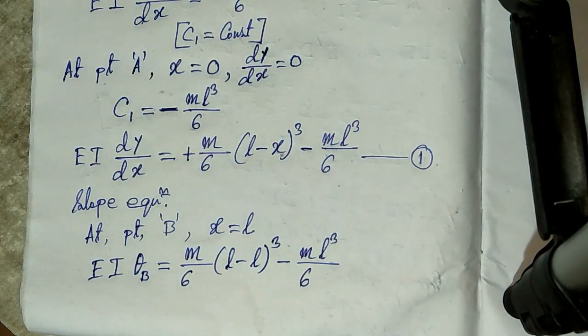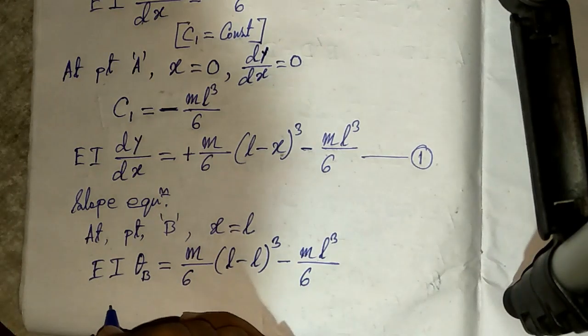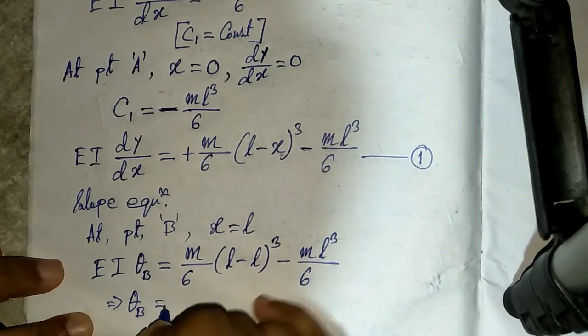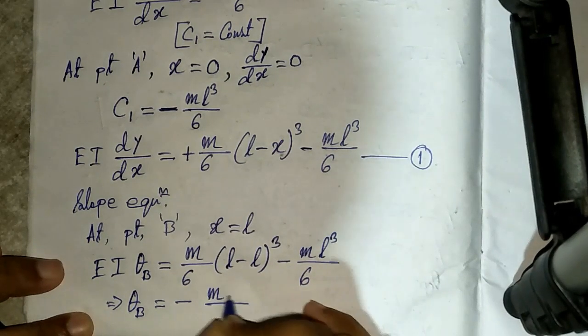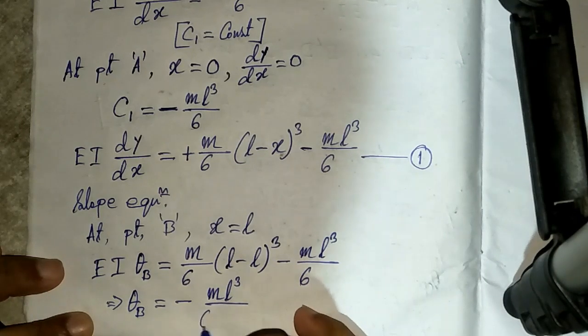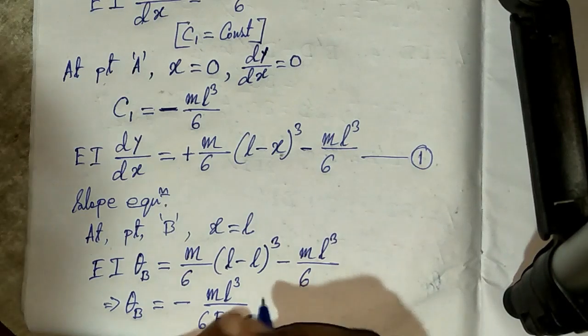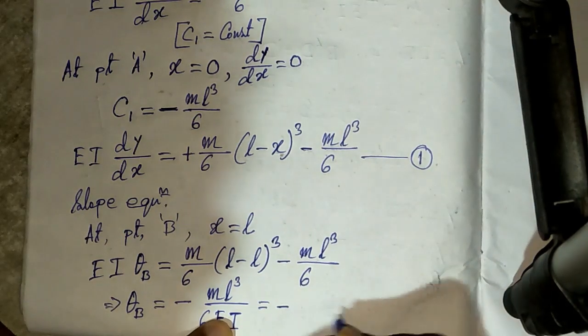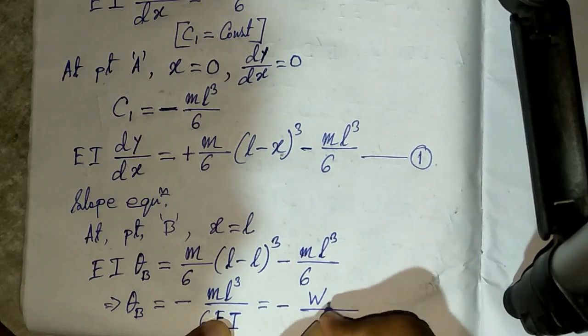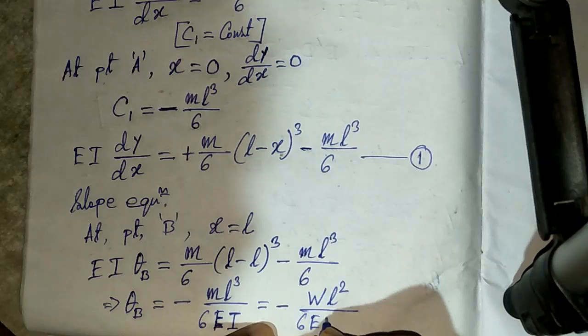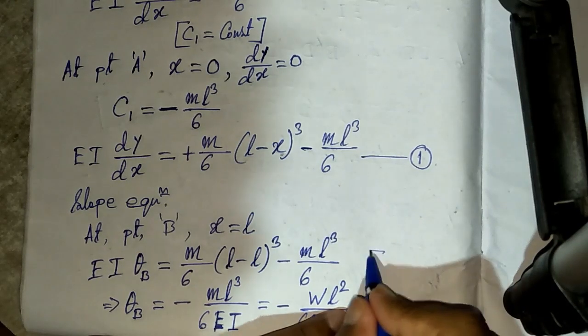So theta B equals minus w L cube by 6 EI. This is the value of theta C, or we can write it as minus capital W L square by 6 EI, where W is the total load.